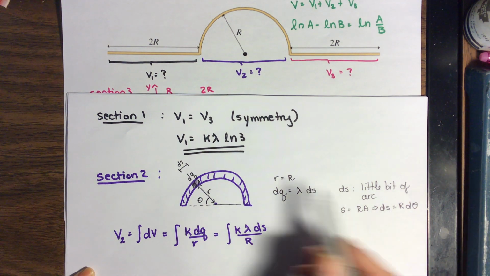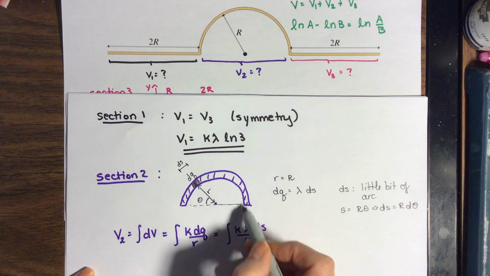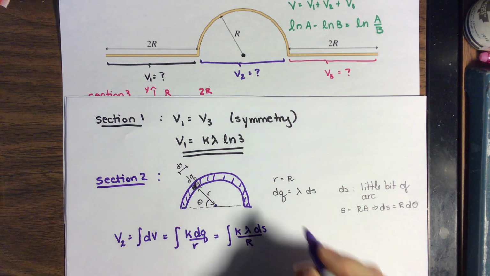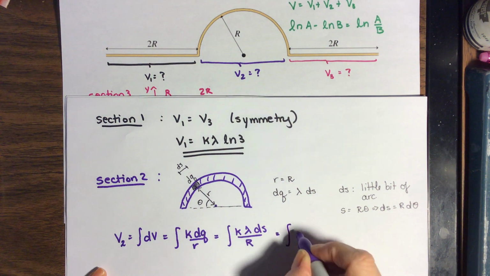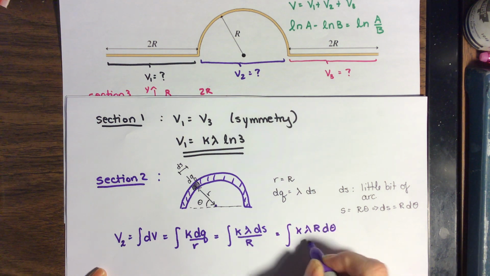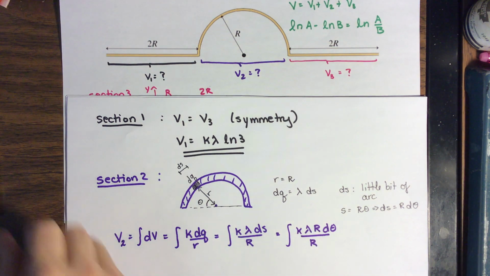And the reason I'd like to do this is because I see that my angle theta varies from 0 to pi as we go around the entire arc. I'm going to fill that bit in next for my ds. Now I see that my r's cancel.